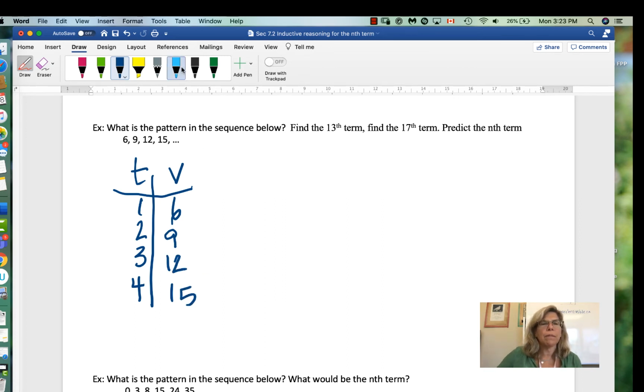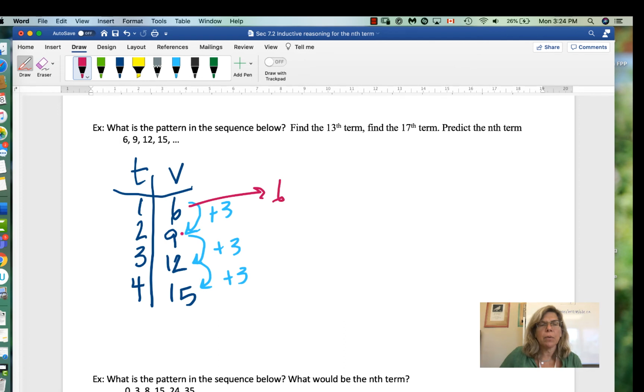Well, let's look and see what we have here. So the first term is 6. And then to get from 6 to 9, you add 3. And 9 to 12 is 3 again. And 12 to 15 is 3 again. So we could say, if we're doing this systematically, okay, well, the first one is 6, so that 6 is 6.